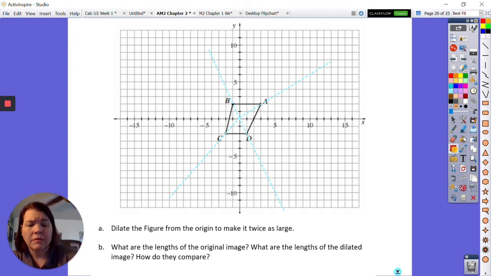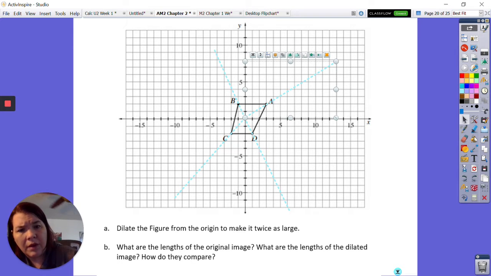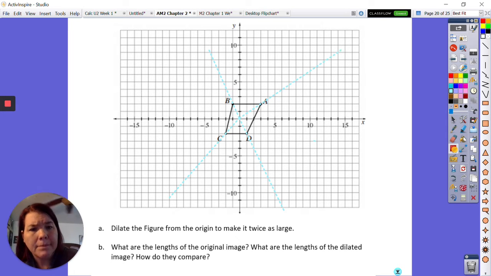And I think this one is not great. I'm going to do that one again. There we go. Okay, so one thing to keep in mind is we need to make sure everything becomes twice as large.